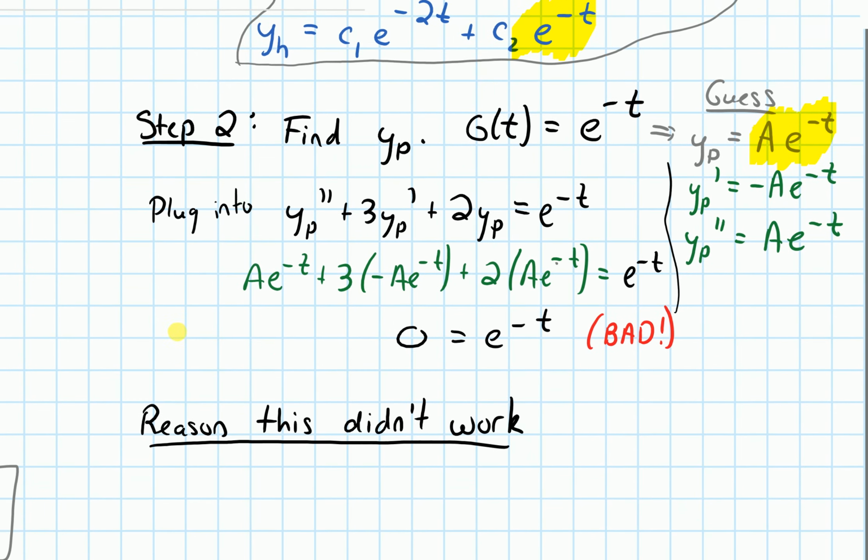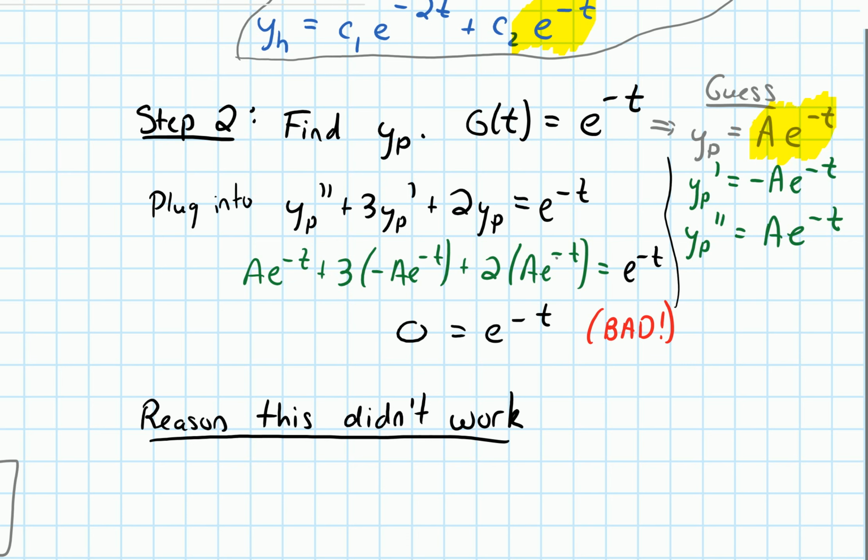So let's just write that down. The reason this didn't work is because our guess was a multiple of e to the negative t, and e to the negative t is a solution to the homogeneous equation.